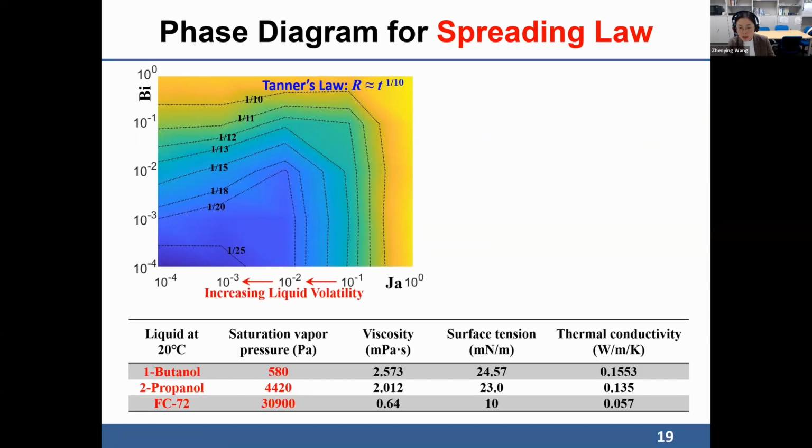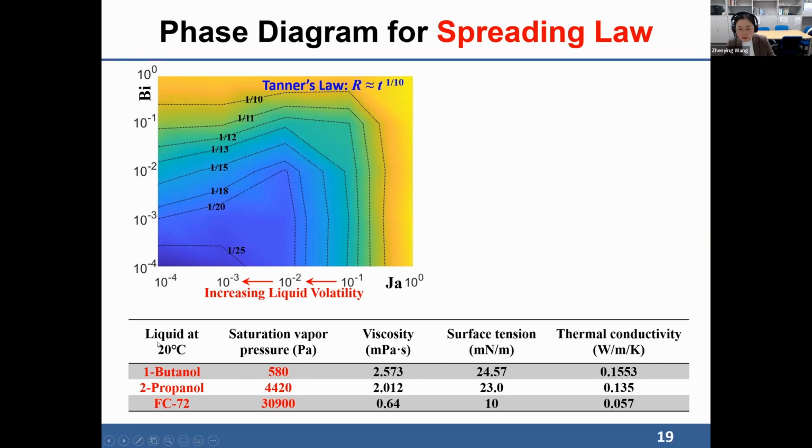We additionally did some more experiments with different types of liquid, including butanol, IPA, and FC72. These three liquids each have about one order of magnitude higher saturation vapor pressure.